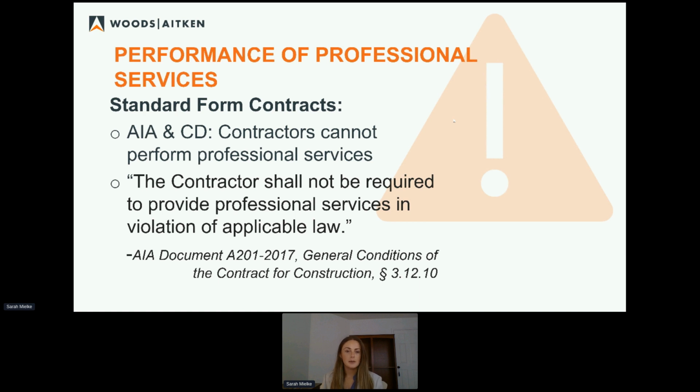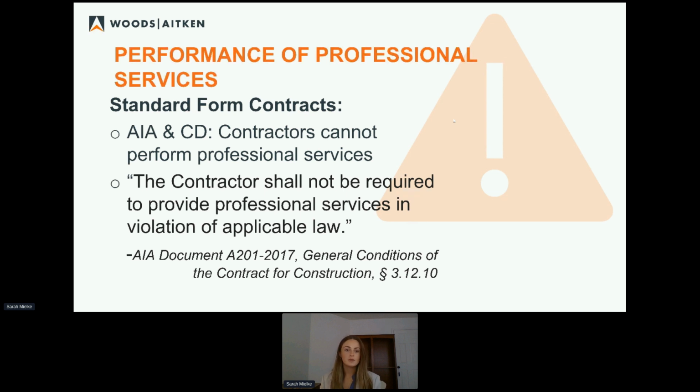And so, sample language from the AIA: the contractor shall not be required to provide professional services in violation of applicable law. So while the AIA and the Consensus Docs are great in that they help you formulate a design delegation contract, they're dependent on state law in most cases, unless that's going to be modified.